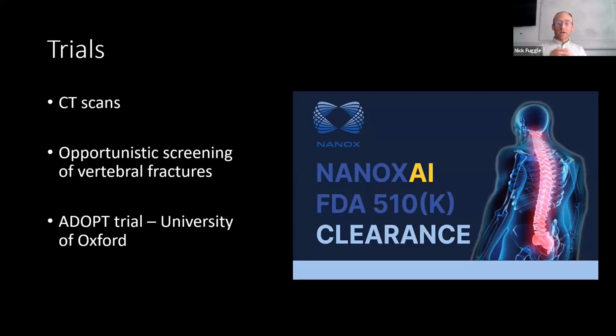And this is really important because vertebral fractures massively increase the risk of future fractures of any fragility fracture kind, including hip fractures, and hip fractures are associated with a really substantial 12-month mortality rate. This is all part of the ADOPT trial, which is being run out of the University of Oxford, but Southampton is also one of the centres for that. So that's an idea of some of the computer vision work that's going on.